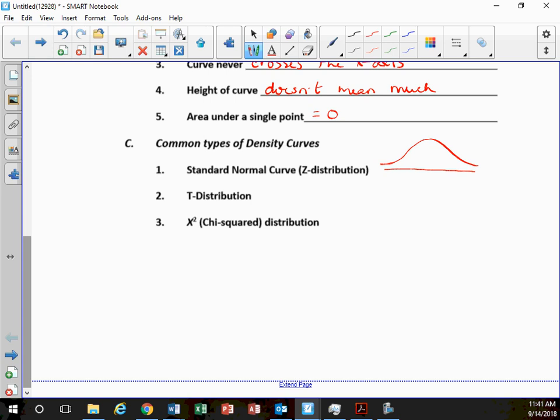T-distribution is something that we're going to get into later. It's similar to your normal curve, but it has heavier tails, so the tail ends of it are fatter than the normal curve.